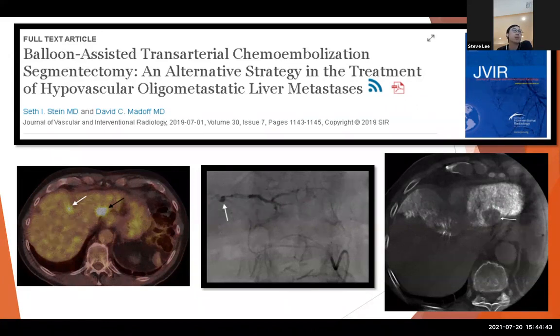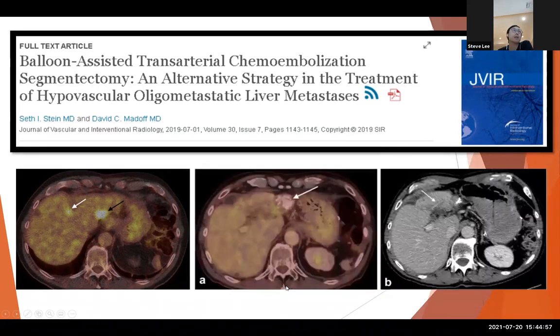This is what was done for these mets here. You can see on this image how densely the chemoembolic agents were delivered into this segment of the liver. And you can see how dense the Lipiodol staining is here, and a nice response after this balloon-assisted TACE.